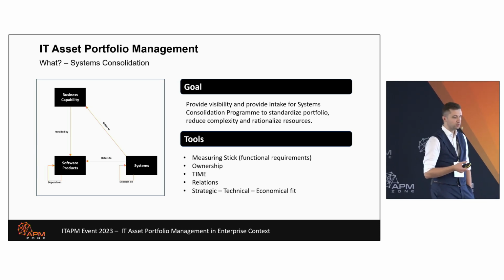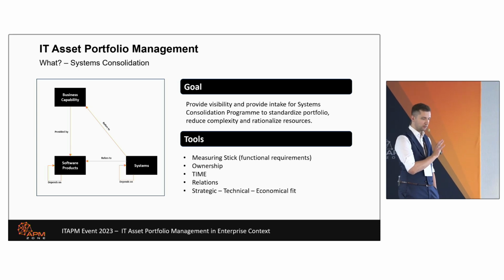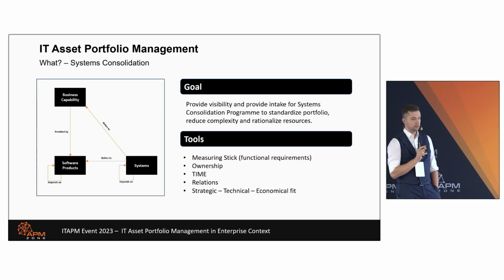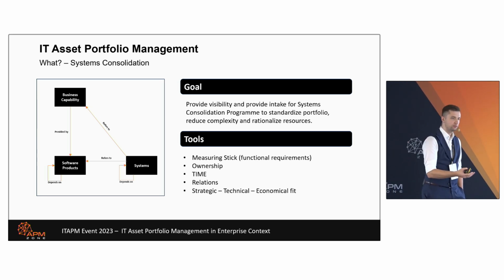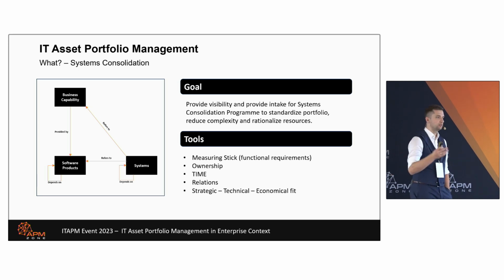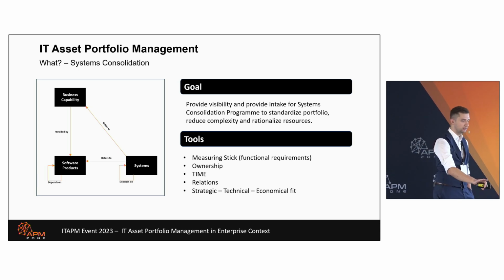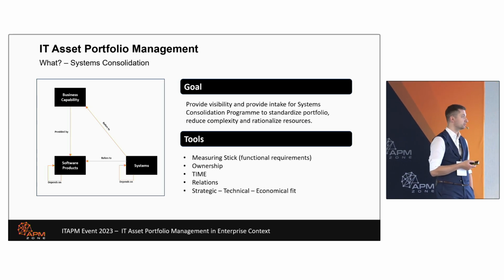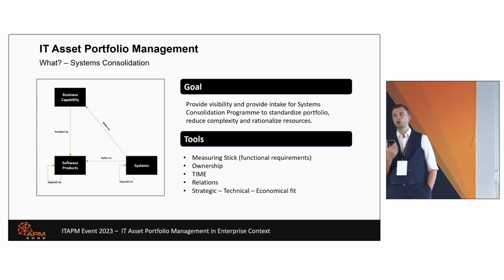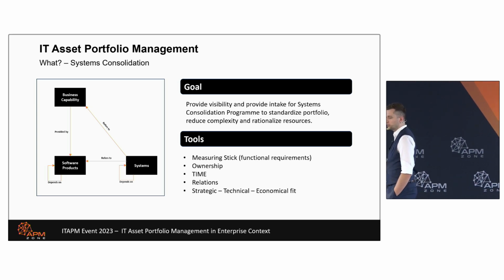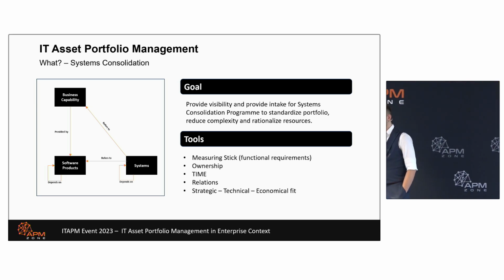So what tools from this model, which is part of these objects, could you use, we've been using to actually make the decisions, like move it forward to decide, okay, should we remove, should we migrate, should we leave it as it is? First, the measuring sticks, so the functional requirements, understanding what is the expectation of the business in that area when it comes to a product that fulfills it.